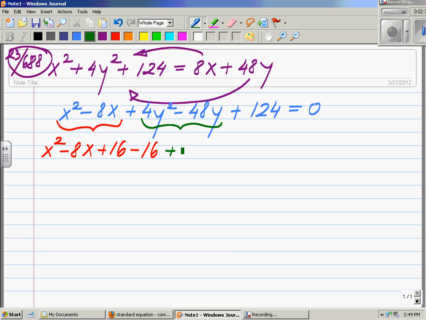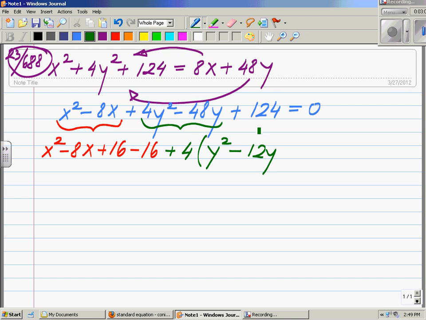It will be plus 4 times what? What do you have left? Good. Minus 48 divided by 4 is 12y, right? And now I'm looking at just my y squared and negative 12y. I need to find what number I should add here to have a perfect square.